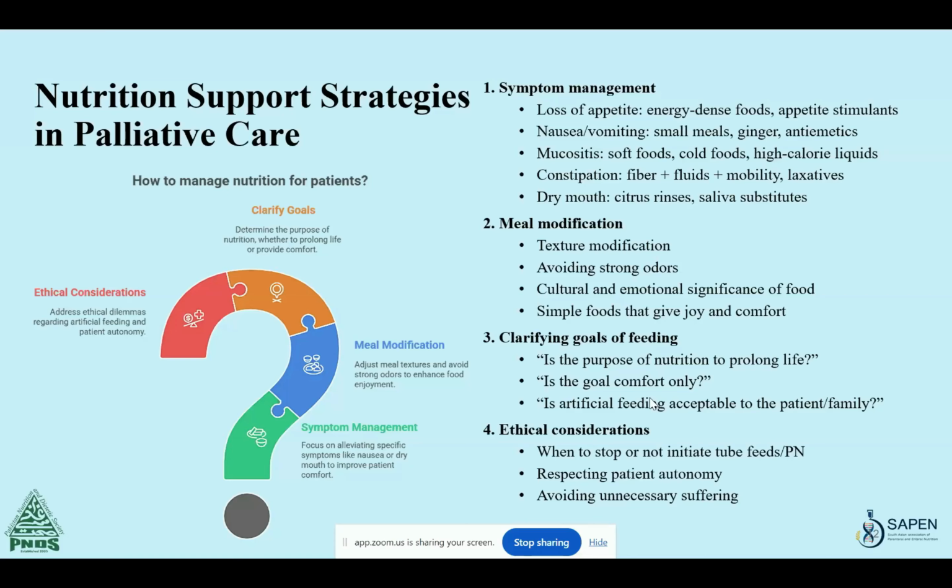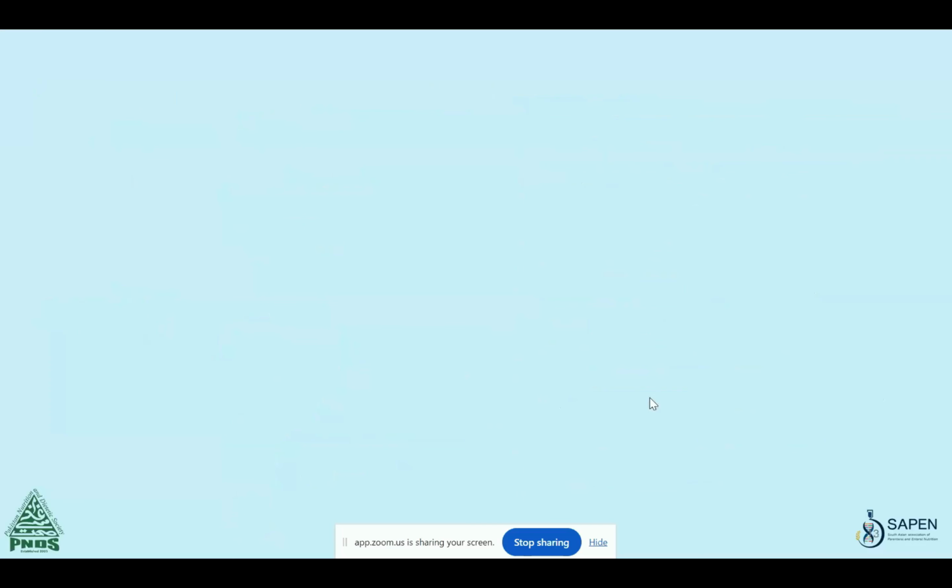We should respect patient autonomy. And consider unnecessary suffering, not only physical suffering, but social suffering and emotional suffering as well. And do not forget financial suffering as well. This is also under the ethical domain of a dietitian, to consider all these things.